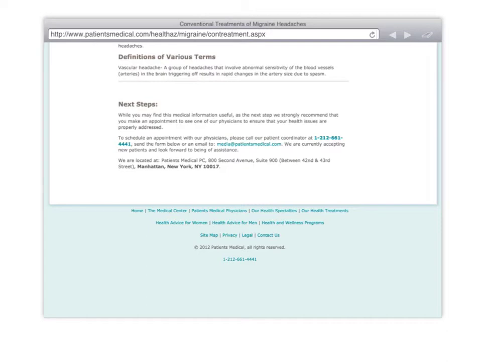The only thing we see is this next step: While you may find the information useful, you should make an appointment to see one of our physicians to ensure that your health issues are properly addressed. To schedule an appointment with our physicians, call our patient coordinator at phone number and email address. We are located at Patient's Medical PC, 800 2nd Avenue, Suite 900, Manhattan, New York, New York.